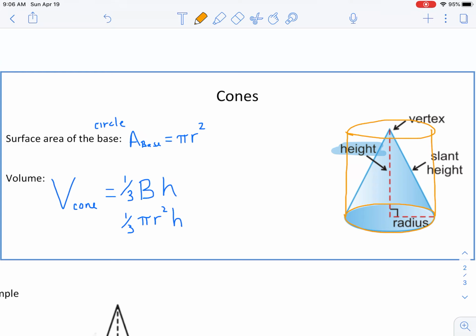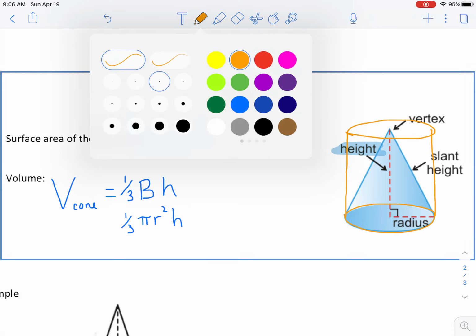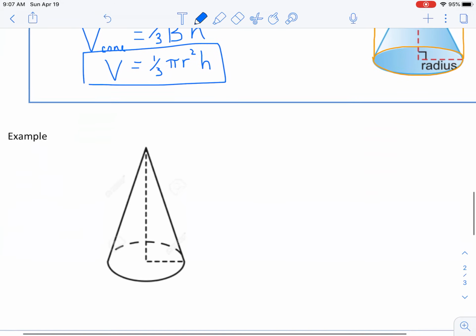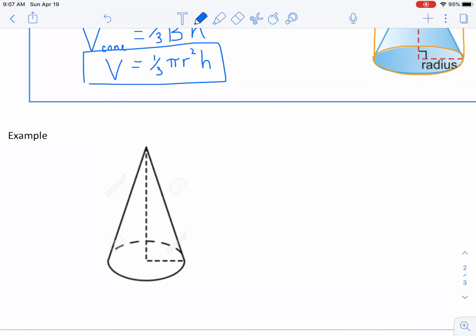So what I would normally do is take a cone, fill it up with water, and show you that it takes 3 of those cups of water from the cone to fill up the cylinder. Okay, so I'll try to find a video of that because I don't have this stuff at home. So here is my volume of a cone. Yeah, it's given to you on the formula sheet too.